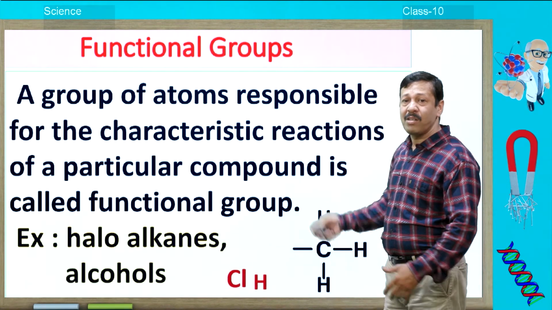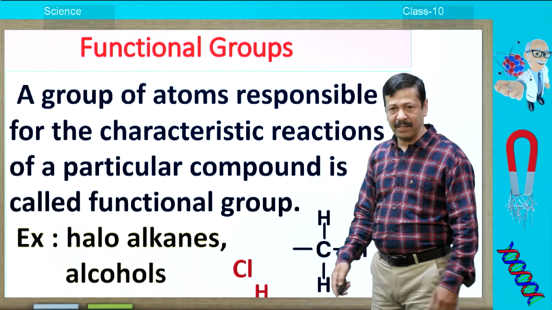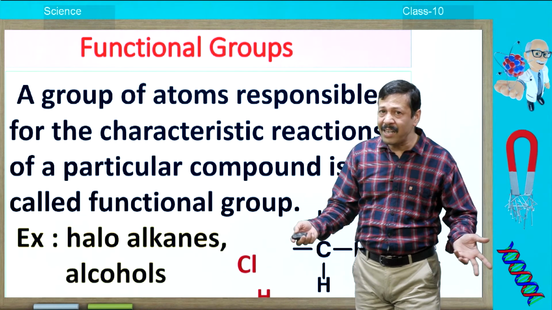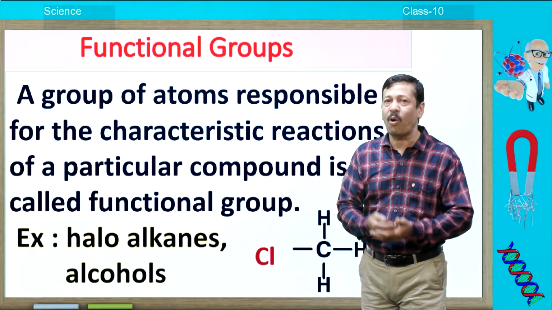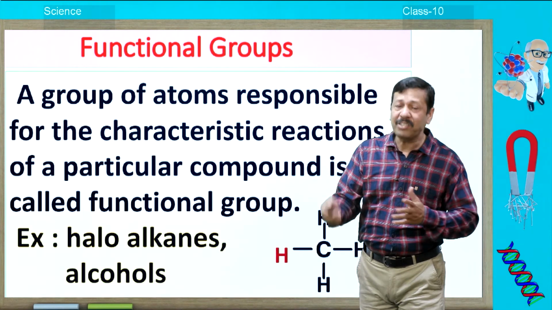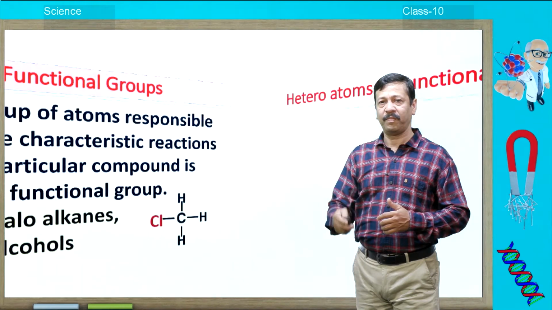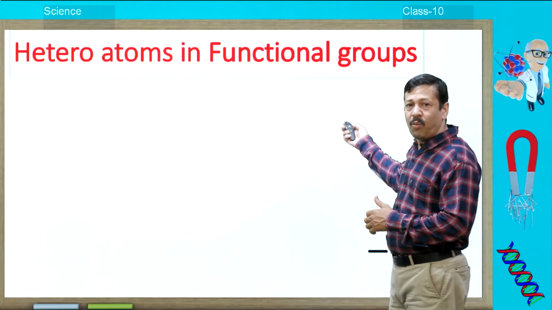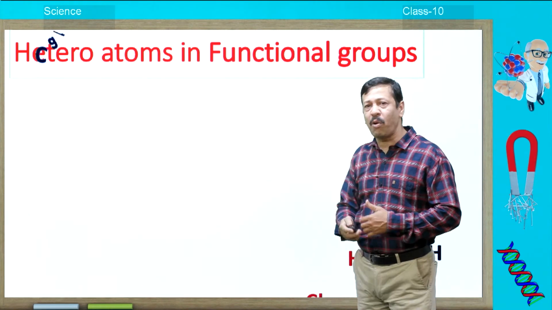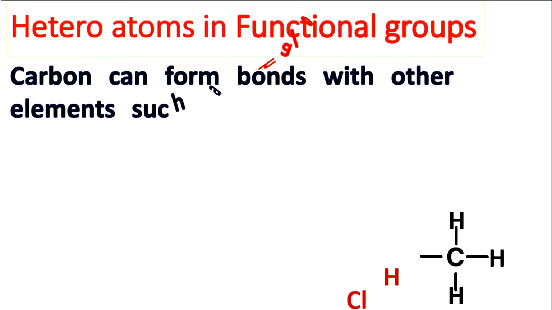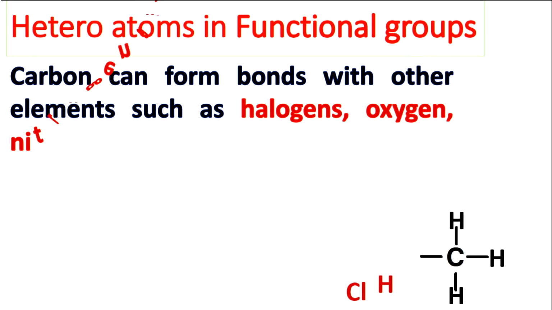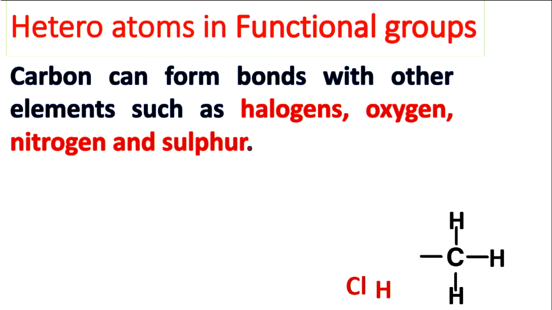Now alcohols also are an example for this one. Alcohols, aldehydes, ketones, carboxylic acids, these are all examples for various functional groups. Now let us see what different heteroatoms are possible. Carbon can form the bond with many other elements such as halogens, oxygen, nitrogen, sulfur and so on. What are you seeing here?